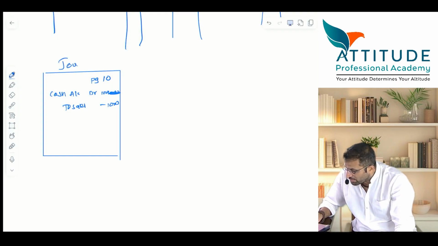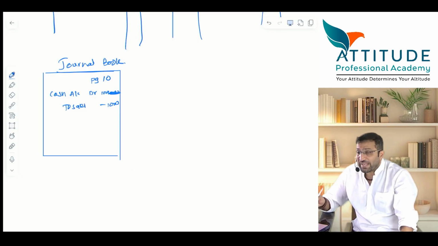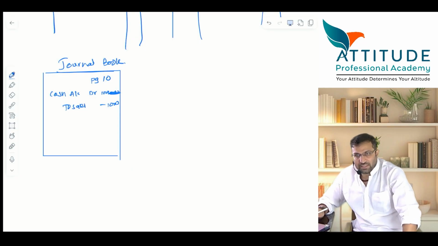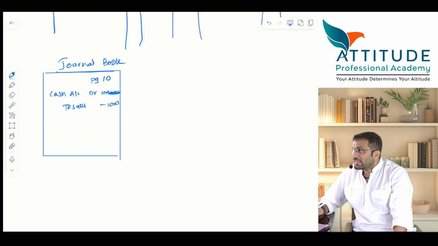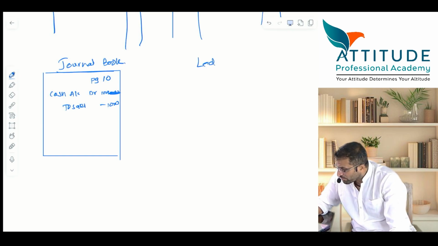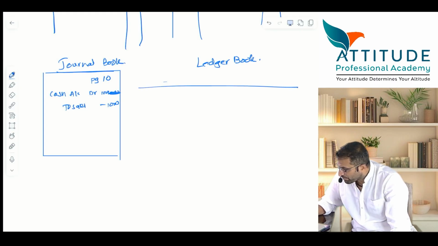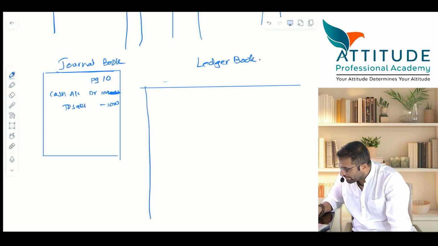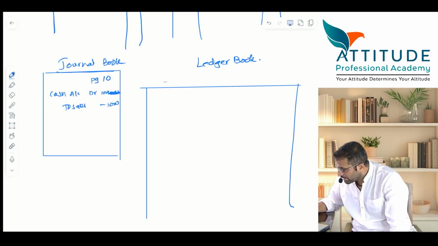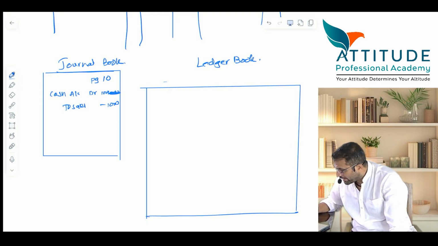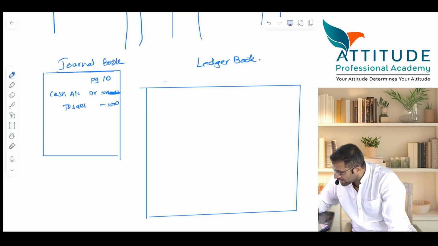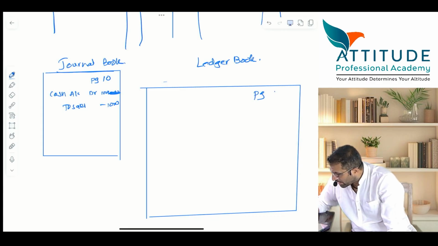This is your journal book. In the journal book, on which page number have you passed the entry? 10. Correct. Now you have a ledger book also. Understand that this is the ledger book, and in the ledger book let us say this is page number 102.